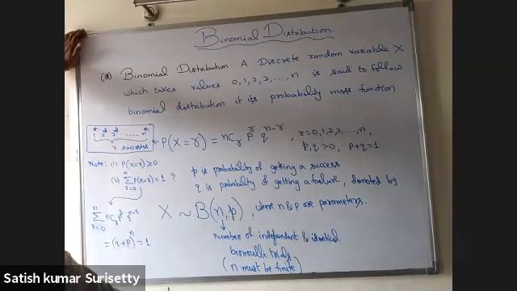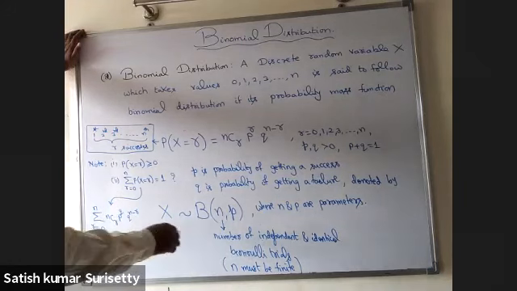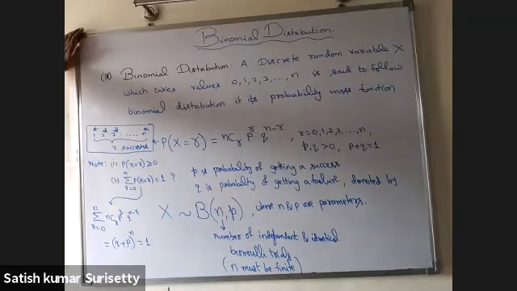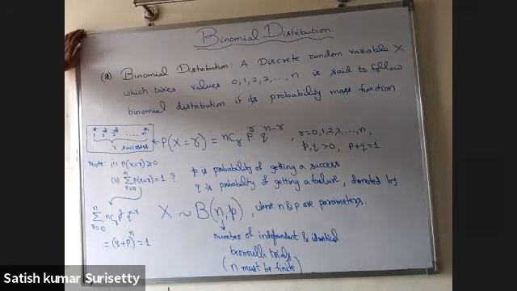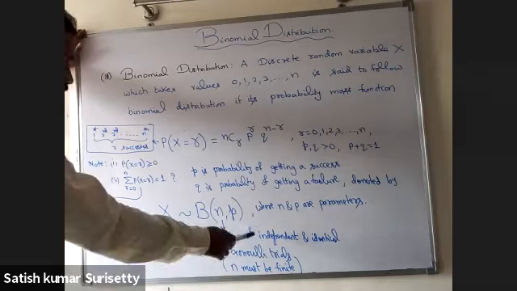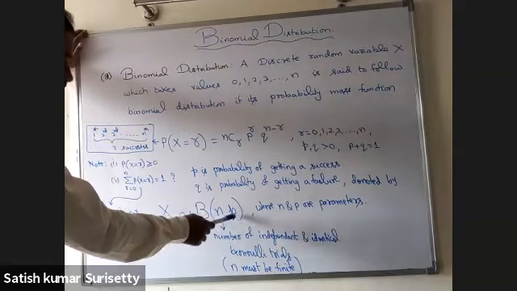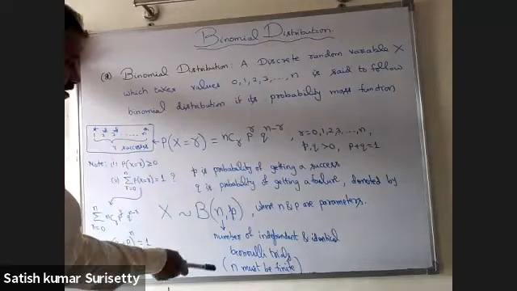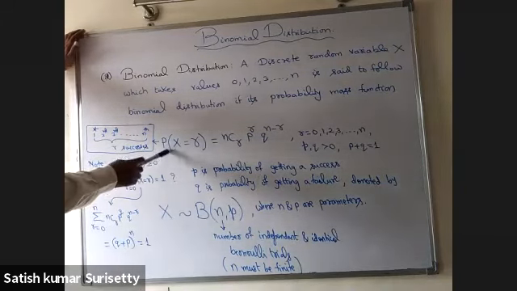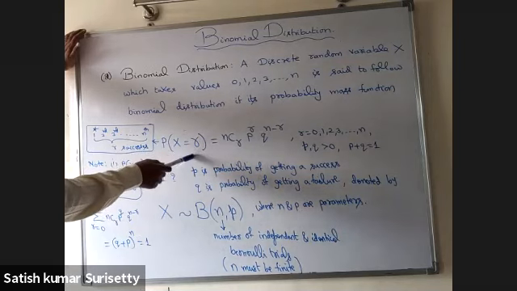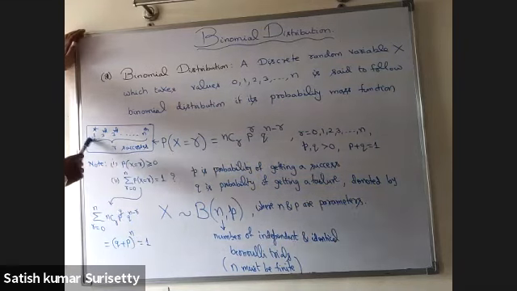n corresponds to the number of independent and identical Bernoulli trials. That means you are performing the same experiment independently n times, and each time the probability of success is p and the probability of failure is q. n and p are the only parameters because q can be written in terms of p, since p plus q equals 1. Now the probability of X equal to r means getting r successes in n trials.